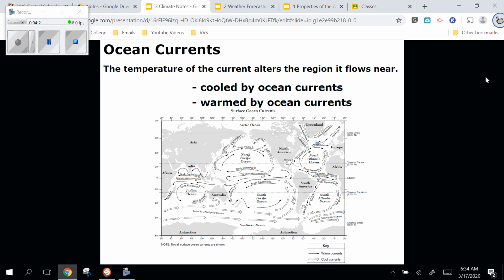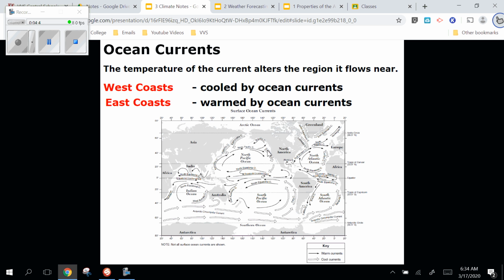All right, ocean currents. Generally speaking, if we look at this map from our reference table, if you look in the northern hemisphere, we generally get clockwise circulation in the ocean basins.